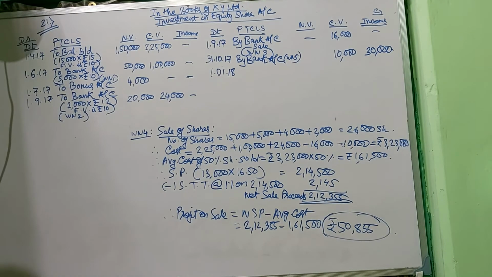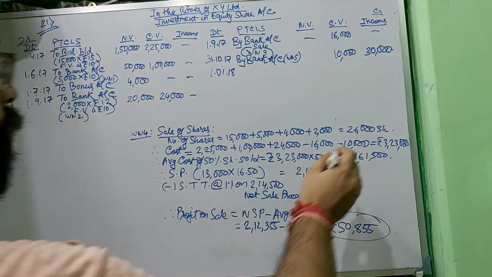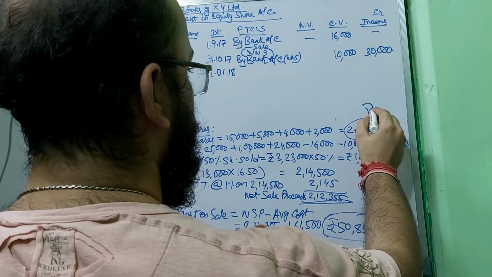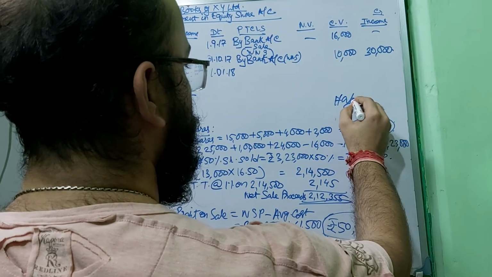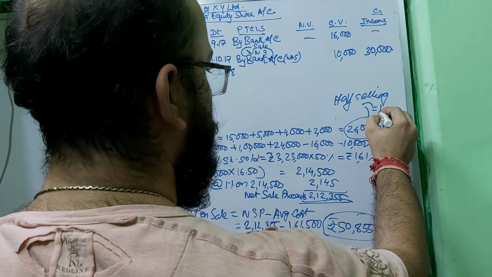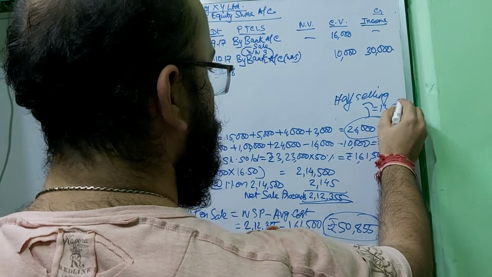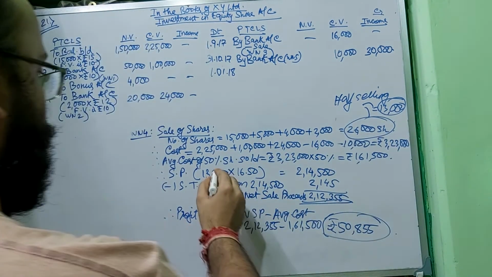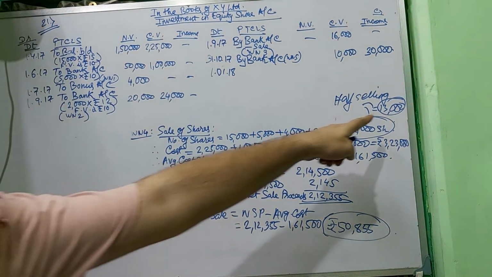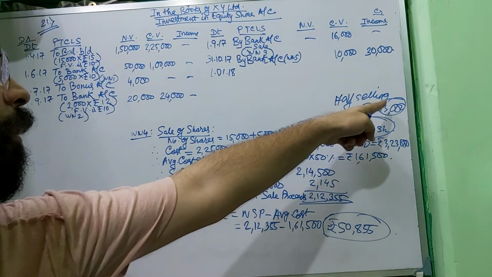Half of the shareholdings means the number of shares is 13,000. Half of the shares you are selling. Half selling means 13,000. Okay, so this 13,000 is basically half of 26,000.